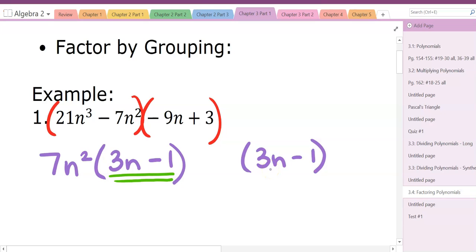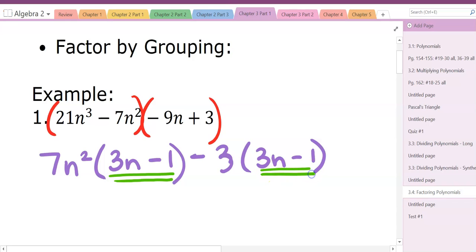Now notice that the sign switched. Originally, it says -9n plus 3, and what's left is positive 3n minus 1. So I took out a negative number, because I had to get those signs to switch. What's the number that I took out? 3. So I took out -3 in order for that to become 3n minus 1.